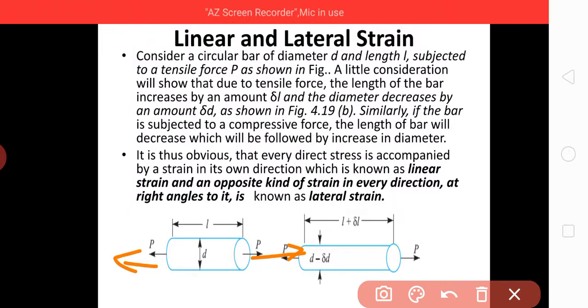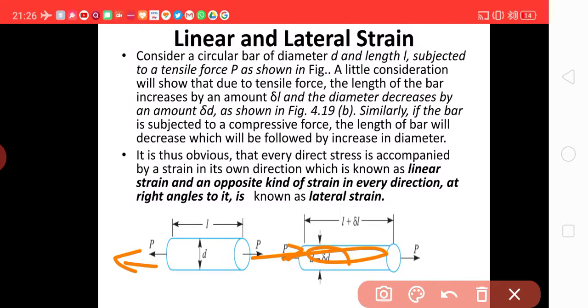Consider a circular bar of diameter D and length L subjected to a tensile force P as shown in the figure. A later consideration will show that due to the tensile force, the length of the bar will increase by an amount delta L and the diameter decreases by an amount delta D, as shown in the figure. Here it is shown: diameter decreases and length increases.